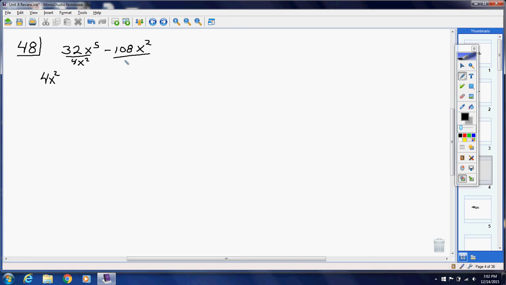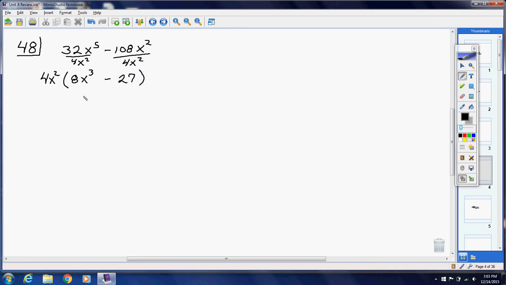Everything out of 4x squared. And what does that leave us with? Well, let's see. That will leave us with 8x cubed minus 27.